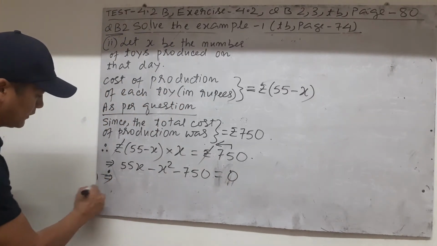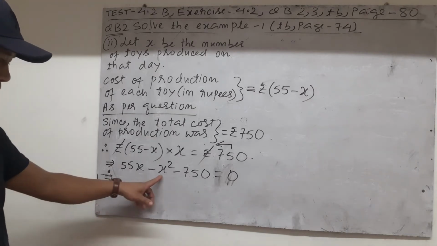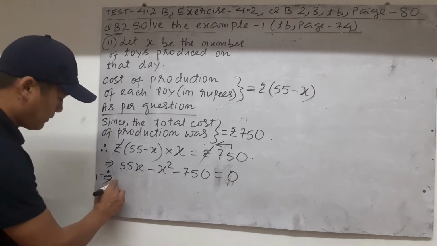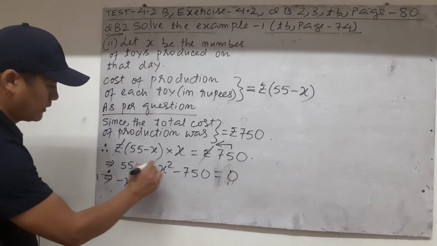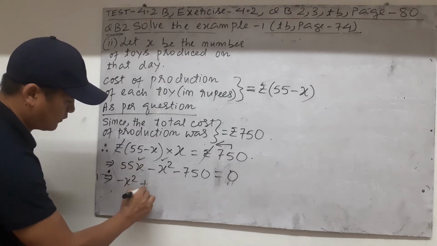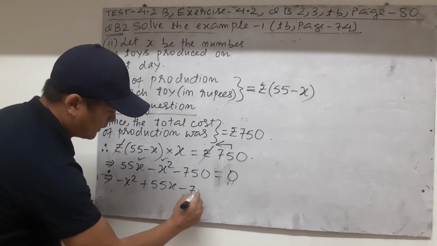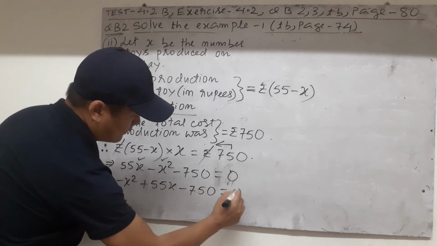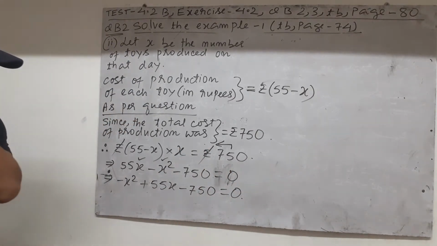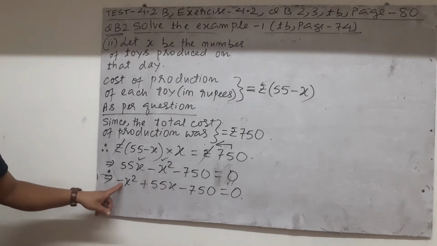Then we know we have to arrange the powers here. X power's highest one: minus x square. Then x1, no sign means plus 55x. Then the third place has no x. Now it's fine, but usually we want to put the x squared term as positive.